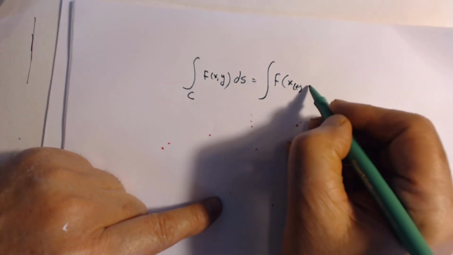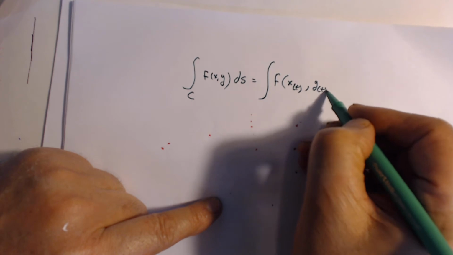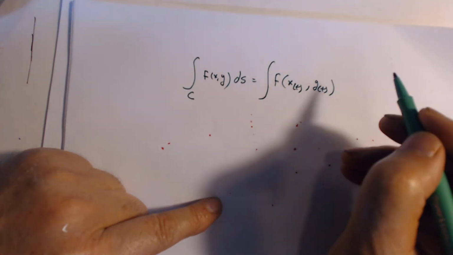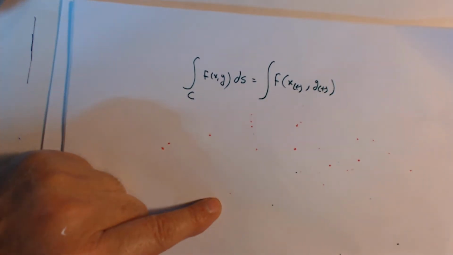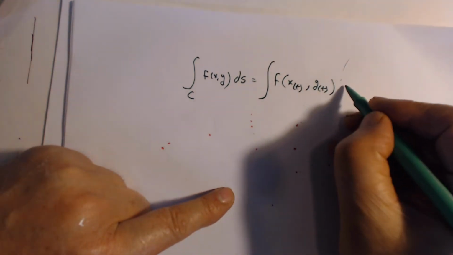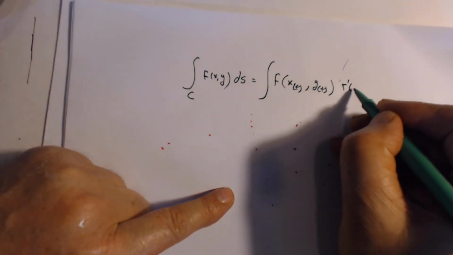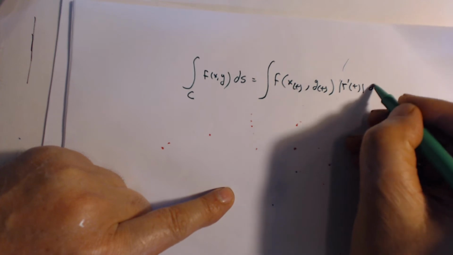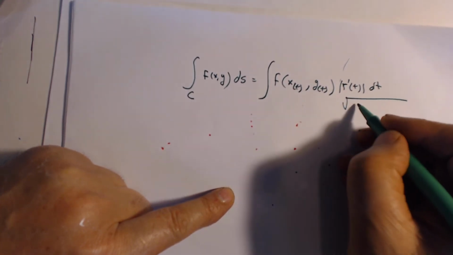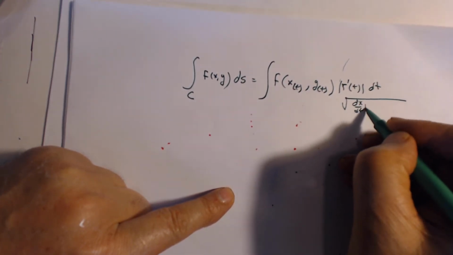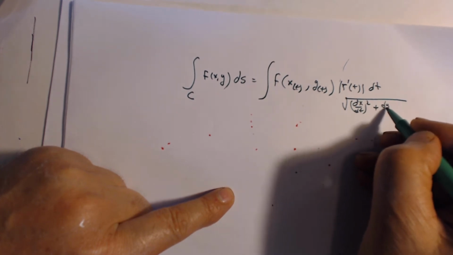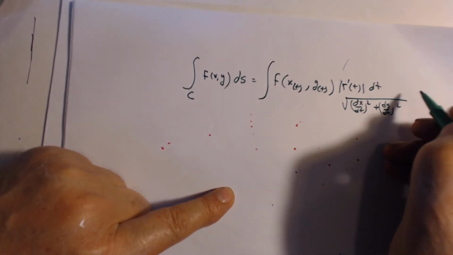Therefore, I call it x of t, y of t, and here you have to write your arc length. Here you have two choices. You can put the magnitude of r prime of t dt, or you can write the square root of (dx/dt) squared plus (dy/dt) squared, dt.